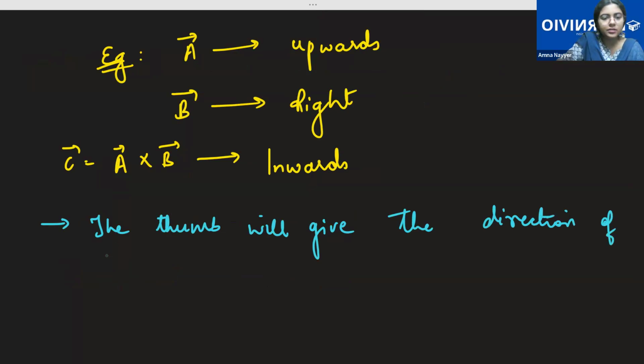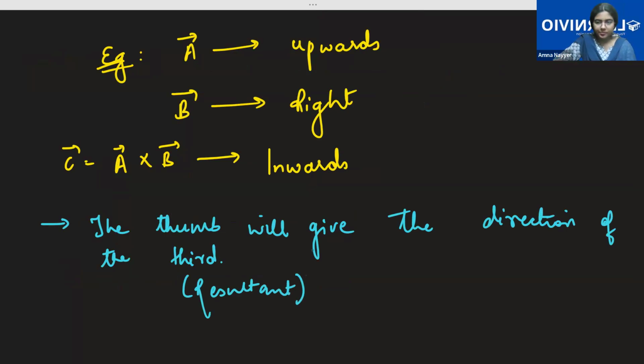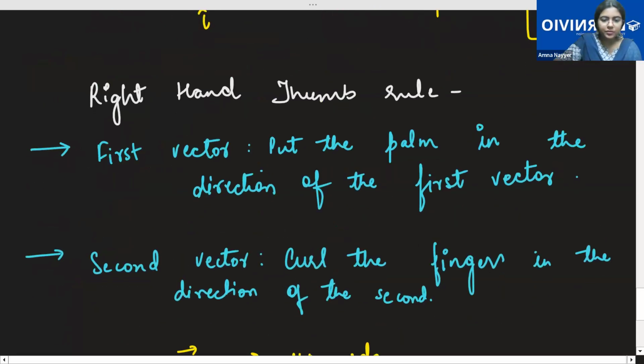Third means the resultant. When I say third vector, this means the final resultant vector. Okay, clear? Write it, then one question I'll show you. First write this.